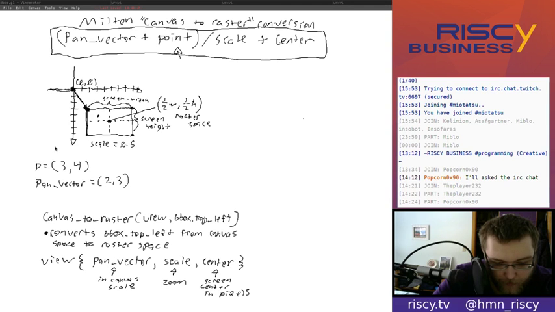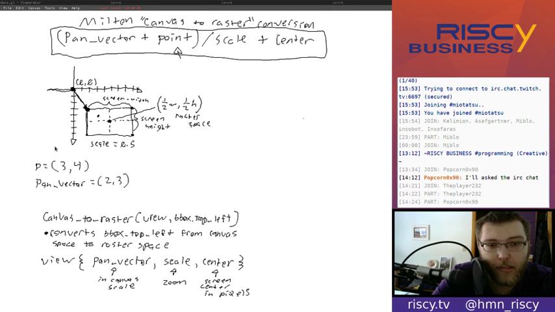But anyway, let's make this concrete. We're using like a 1920 display and Milton is in full screen and we don't have that top menu, right?